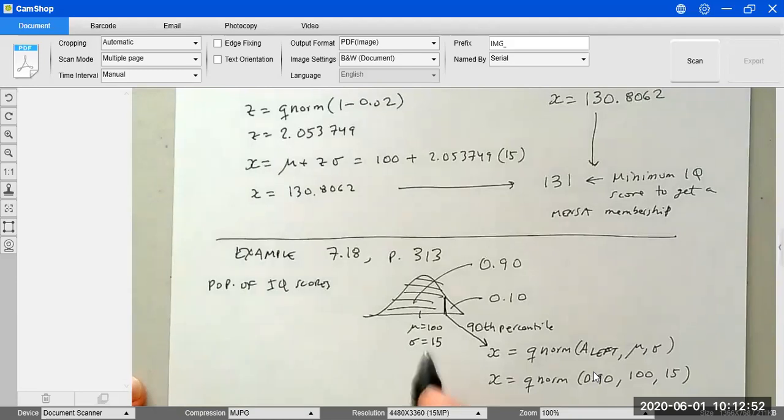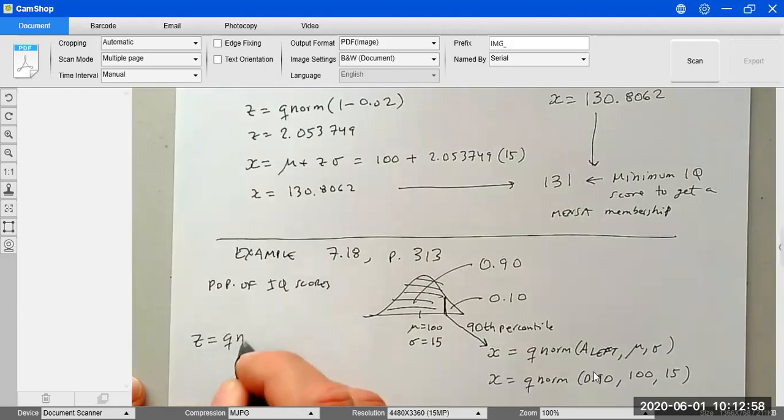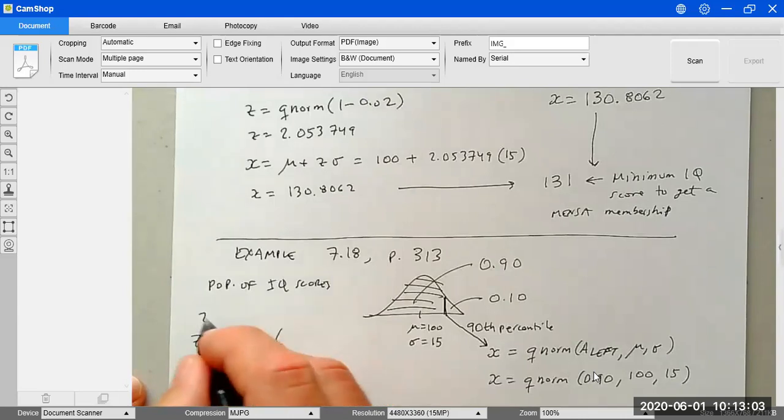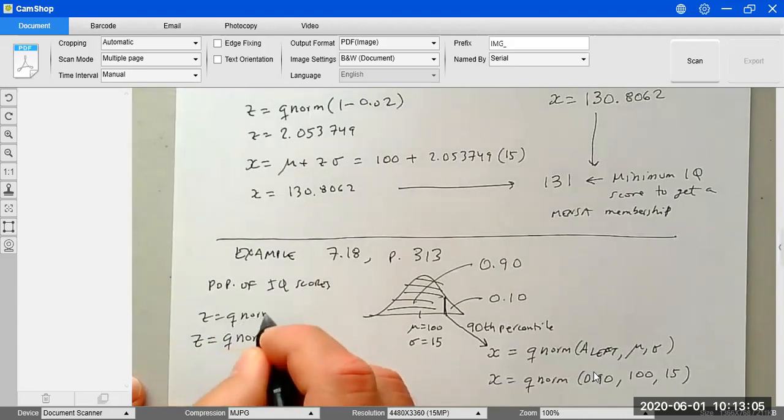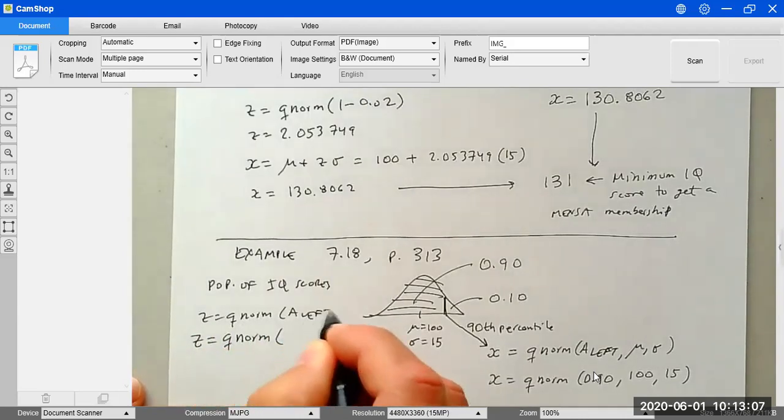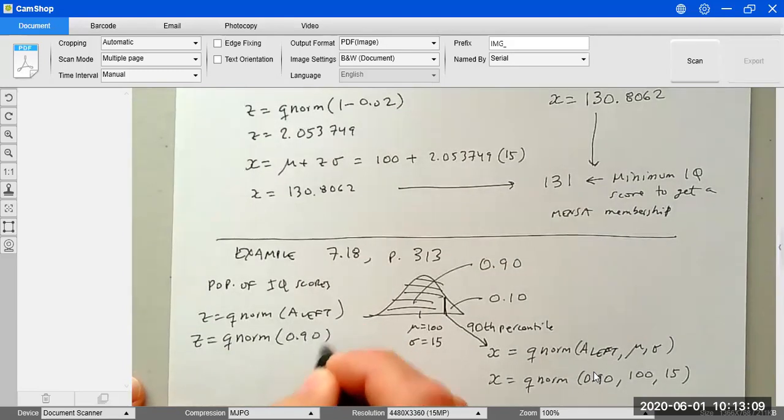Or you use the other process. You find the z-score, again with qnorm, the area to the left is just 0.90. And when you find this z-score, you find x as mu plus z times sigma.